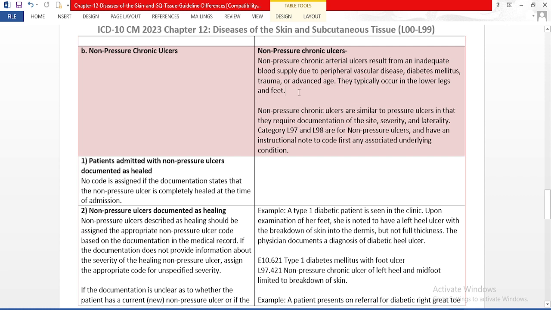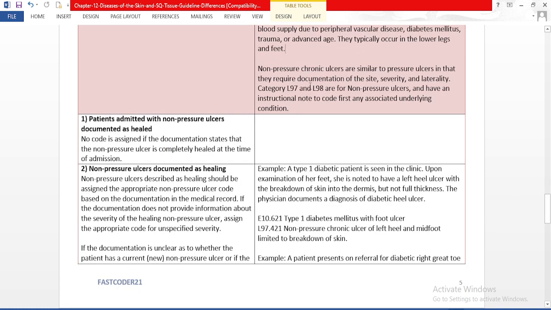So a non-pressure chronic ulcer develops because of inadequate blood supply to the legs. In order to code a non-pressure chronic ulcer, we need to know the site, severity and laterality. Usually we will use the L97 and L98 categories for non-pressure chronic ulcer.